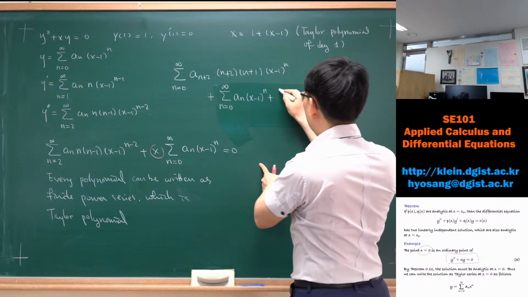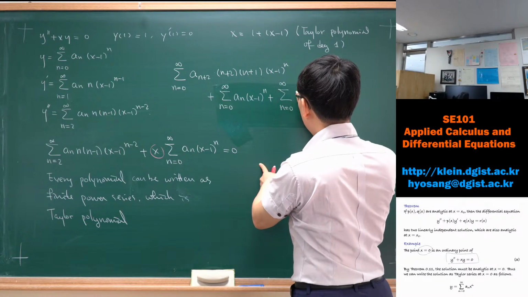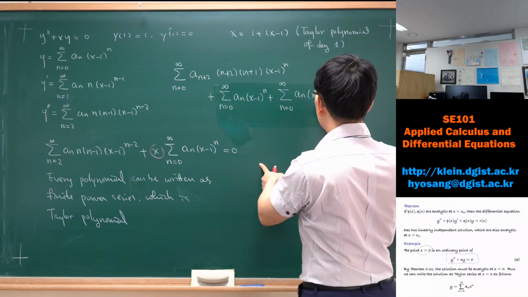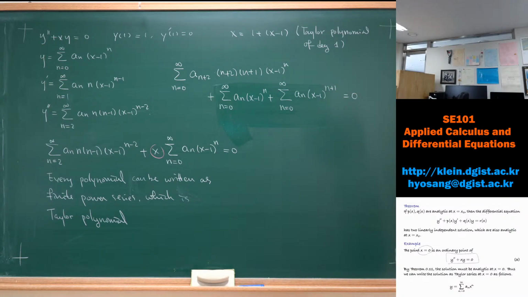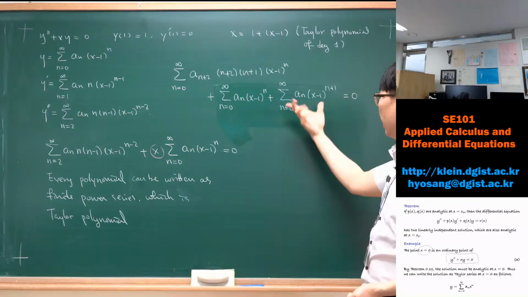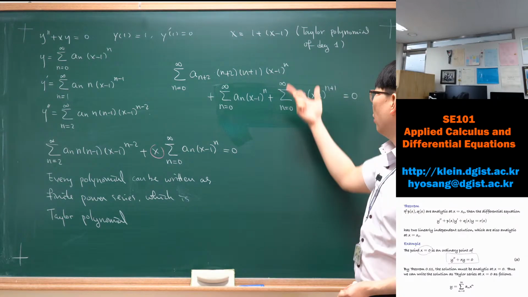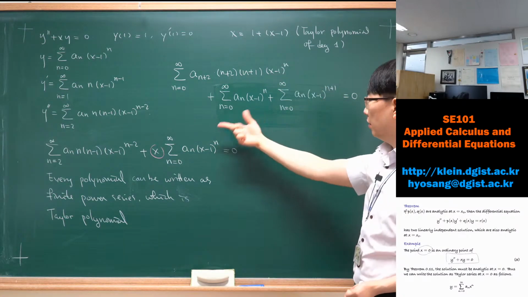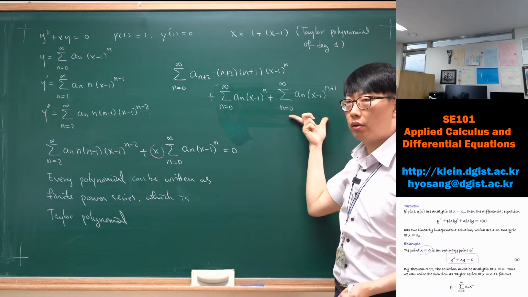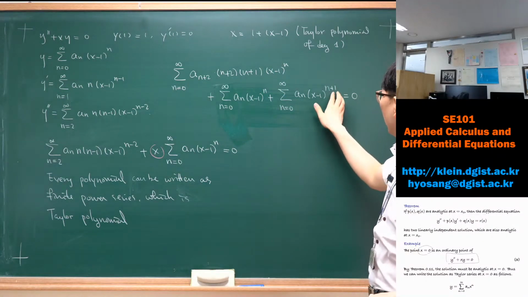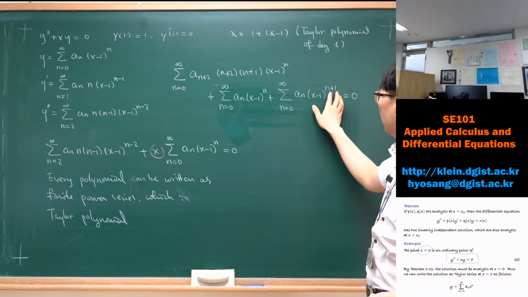So we have the sum from n equals 0 to infinity of a_n times x minus 1 to the power of n plus 1, equals 0. I simply multiplied x minus 1 to this term, because I write x as 1 plus x minus 1. This is 1 and this is x minus 1. And I had one more exponent here.